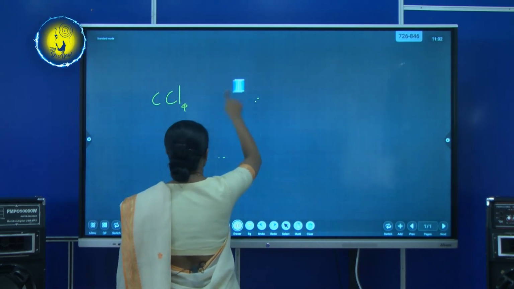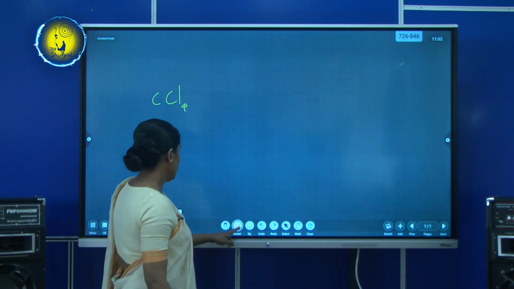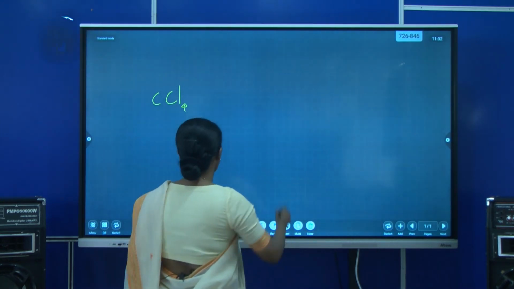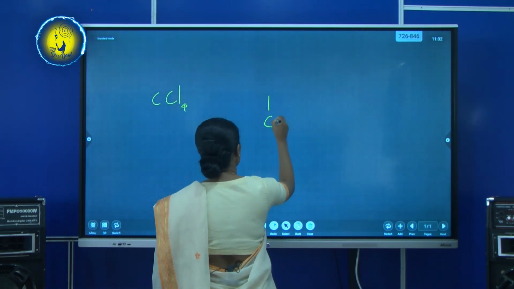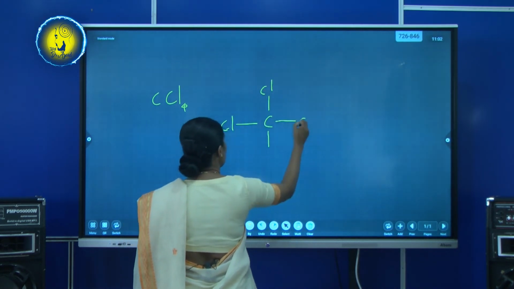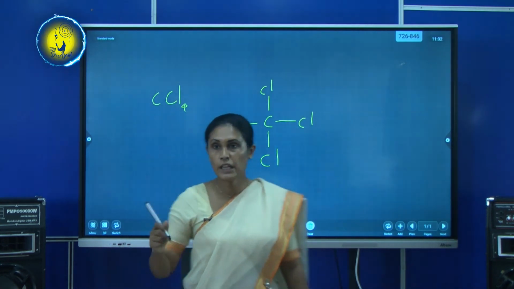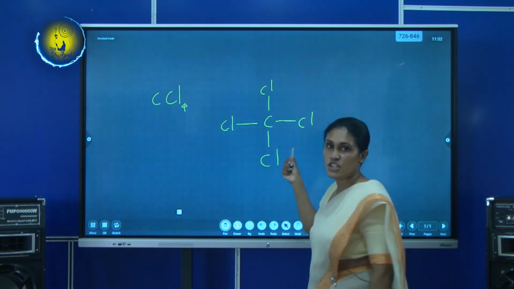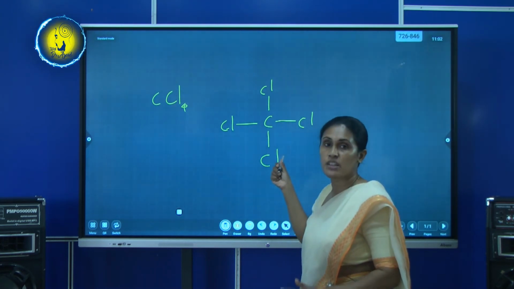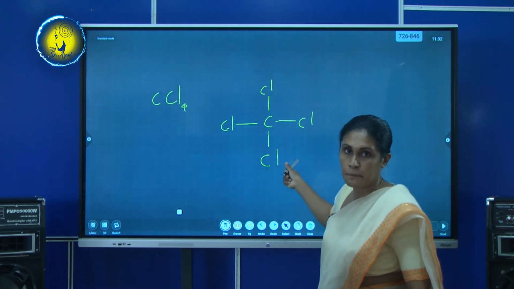Let's draw. Like dichloromethane, you can draw these two. Carbon connected with 4 chlorine bonds. Fine. Yes children, it's true. But according to the VSEPR repulsion theory, what will happen? There are repulsions in between each bonding.